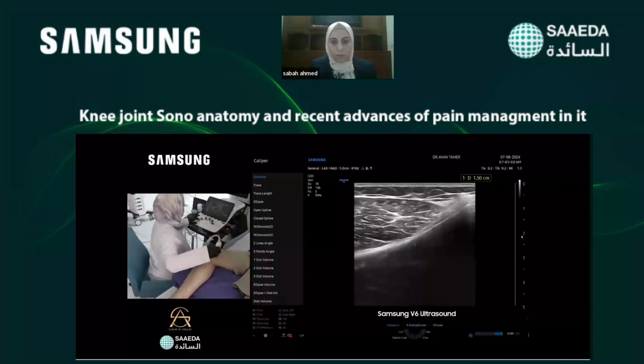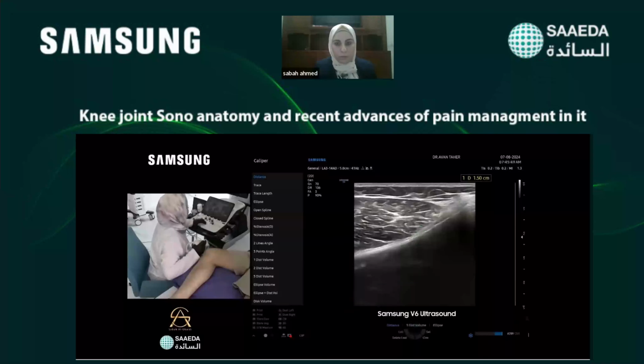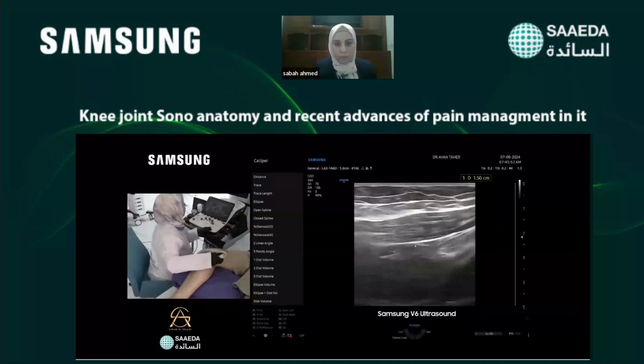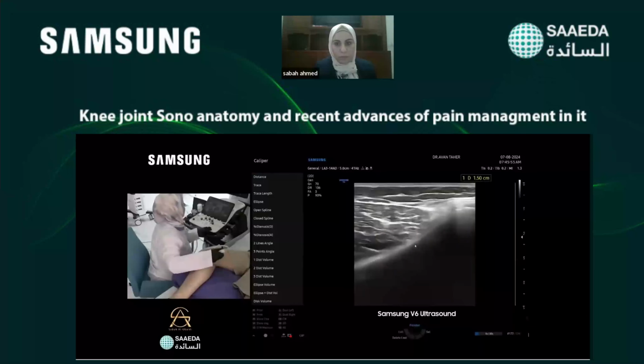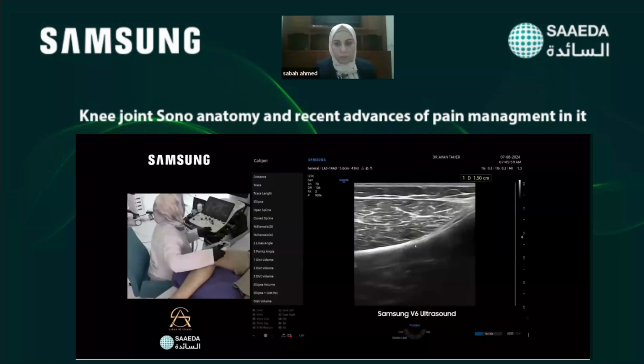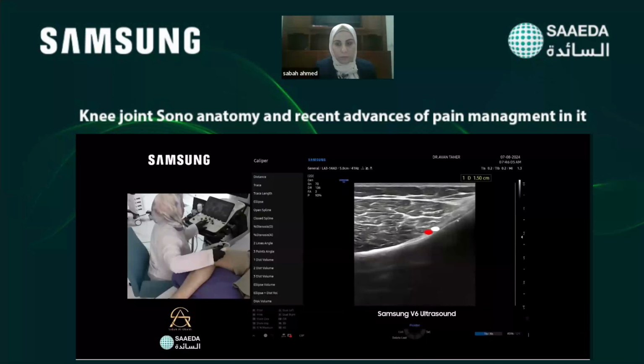Just distal to this genicular artery, nearest to the joint, this is the genicular nerve. Again, you go to the femur shaft. This is the pulsating vessel here. Just distal to it, because it is nearest to the joint, is the genicular nerve.